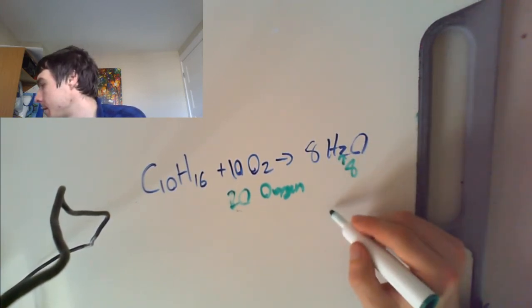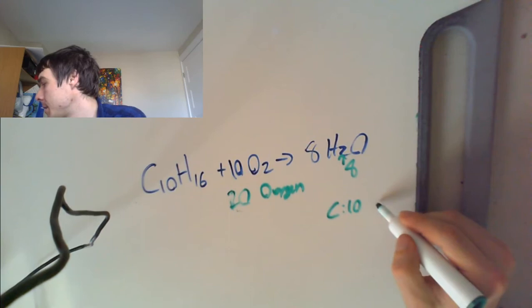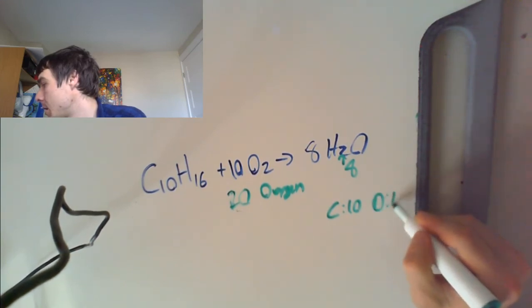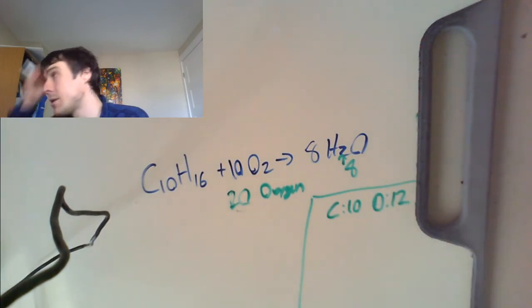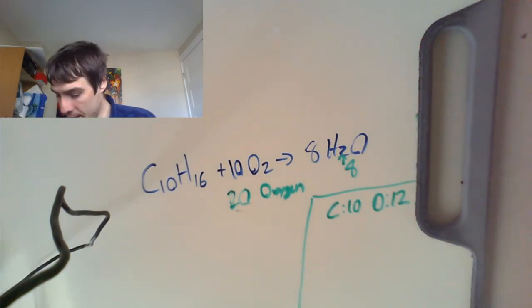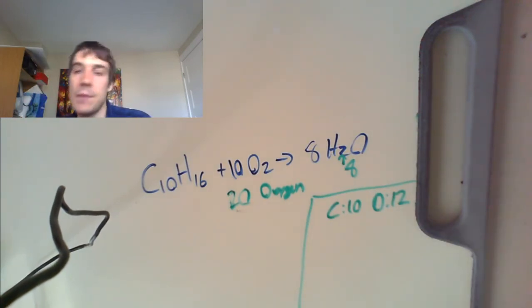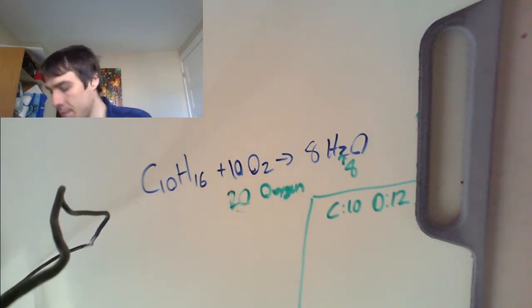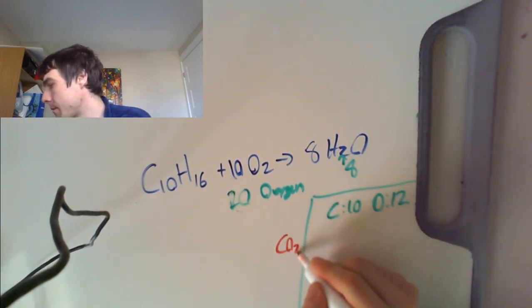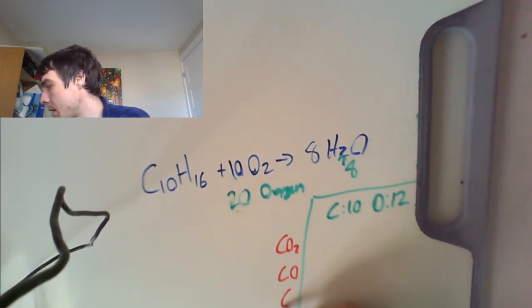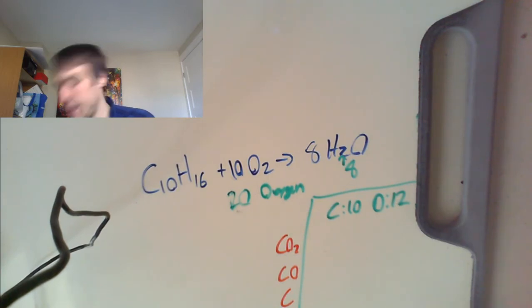So that means we have 10 carbons and 12 oxygens to distribute now. Whatever combination of carbon, carbon dioxide, and carbon monoxide can get us 12 oxygens onto 10 carbons is an accurate way to balance this incomplete reaction.